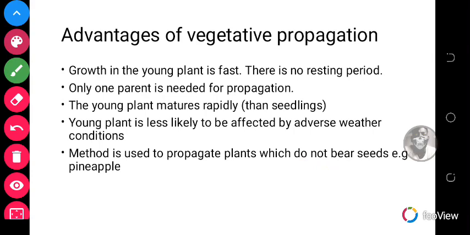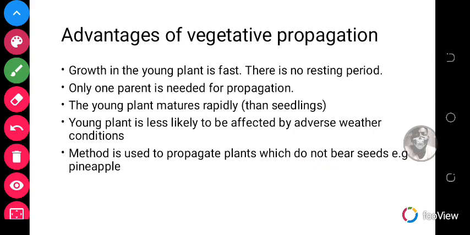Another advantage is that the young plant matures rapidly, so they grow very fast compared to the seedlings. Also, young plants are less likely to be affected by adverse weather conditions. Because they grow very rapidly, it's very difficult for them to be affected by bad weather conditions.